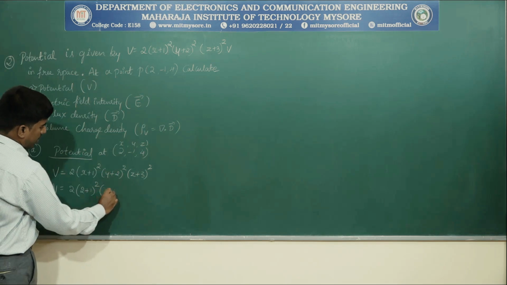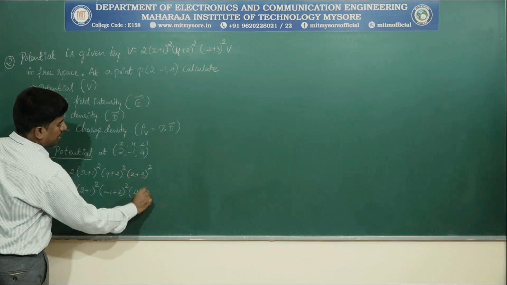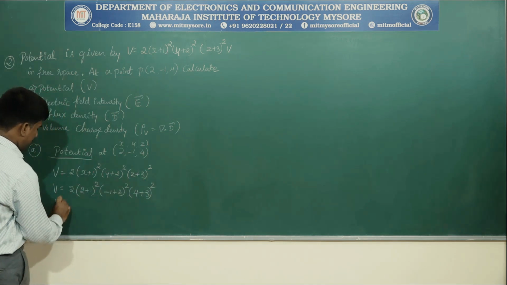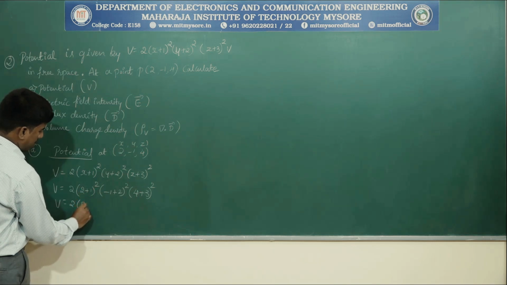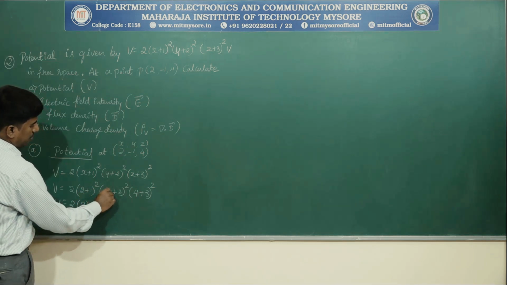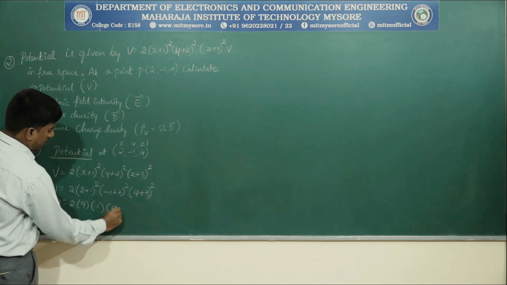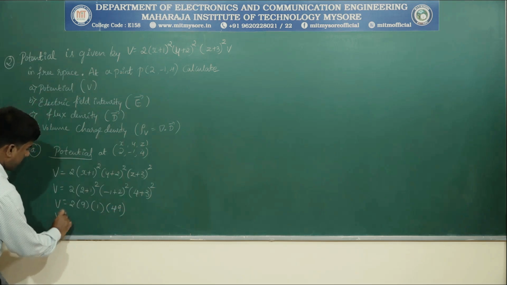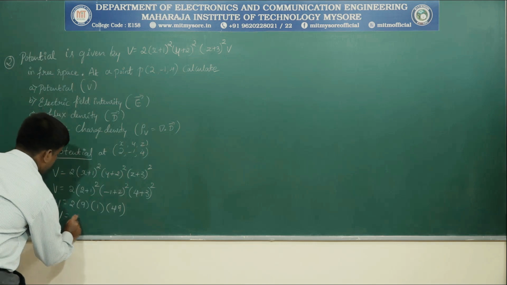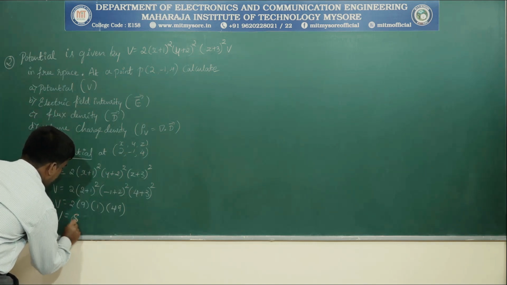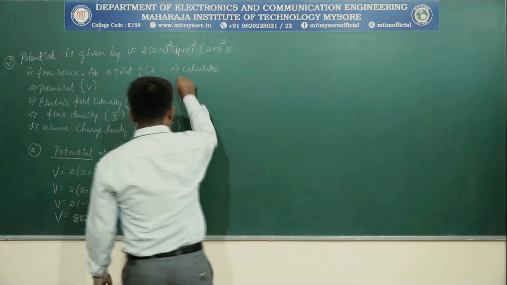What is the value of y? Minus 1 plus 2 whole square. Z is 4 plus 3 whole square. Then V is equal to 2 into 3 square means 9 into minus 1 plus 2, 1 square, that is 1. This is 49. What is the final value? V is equal to 882 volt. This is the potential at the given point.